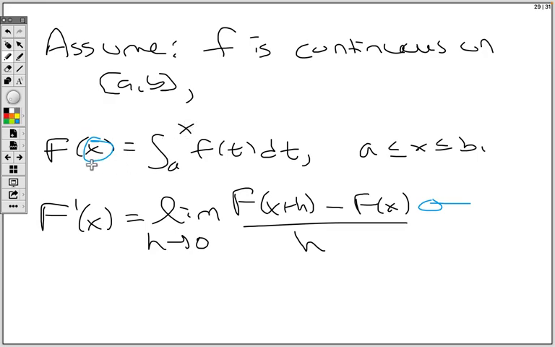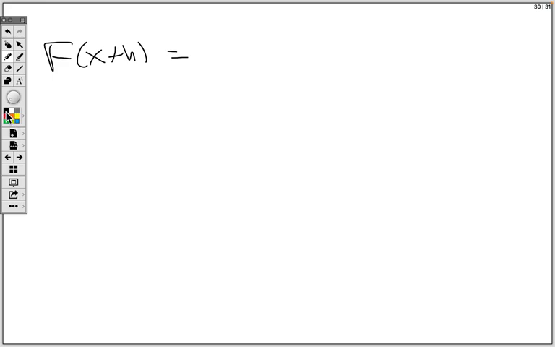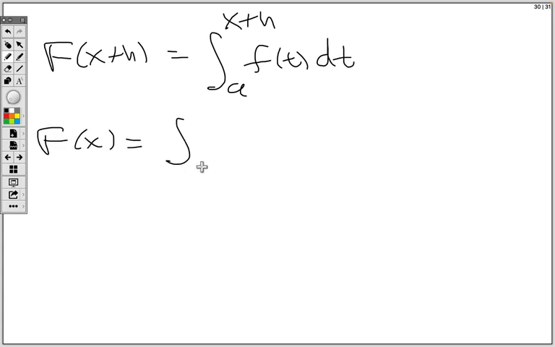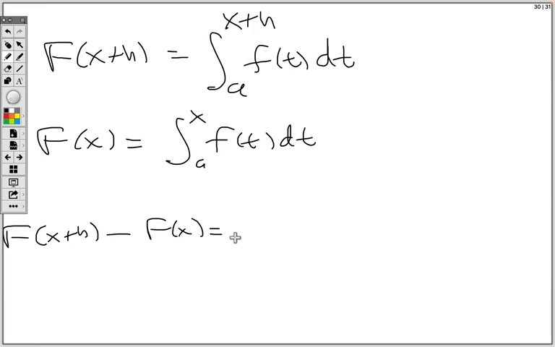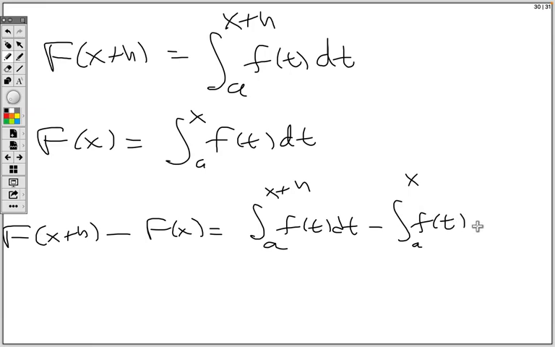Capital F of x plus h means everywhere I see an x in my definition of the function, I'm going to replace it with the quantity x plus h. The only place x shows up is in the upper limit of the integral. So that's the integral from a to x plus h of little f of t dt. And capital F of x is the integral from a to x of little f of t dt. So capital F of x plus h minus capital F of x is the integral from a to x plus h of f of t dt minus the integral from a to x of f of t dt.